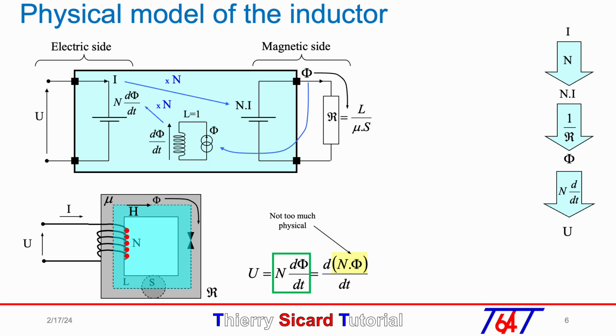On the right side, you can see that from I, we get N times I, then the flux phi, then N times the derivative of the flux over t to get the voltage.